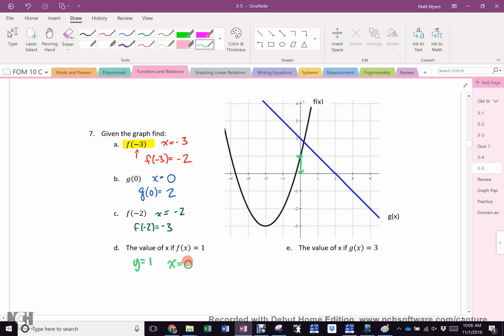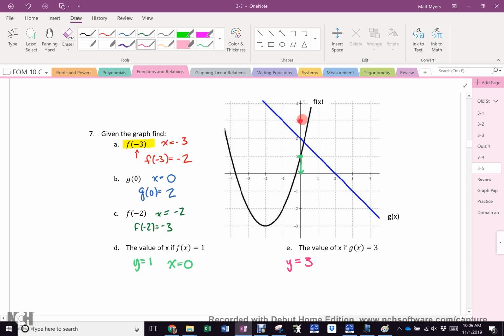Yeah? All right, now this is where it's going to get the beginning of tricky. Let's look at e. Is that an x or a y value? That's a y value. And what is that y value? So where do I go? Up to 3. And then I need an x value on which line?